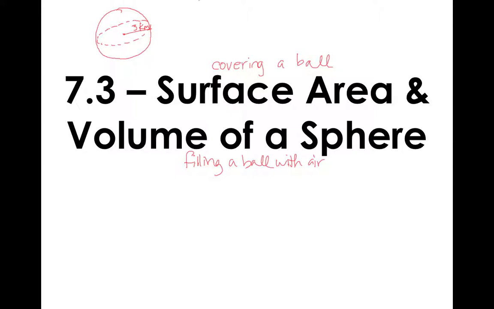The surface area is 4 times pi r squared, and the volume is 4/3 pi r cubed. That's for surface area and volume of a sphere. Make sure you keep that in mind.